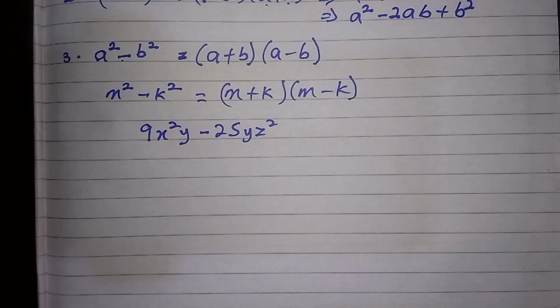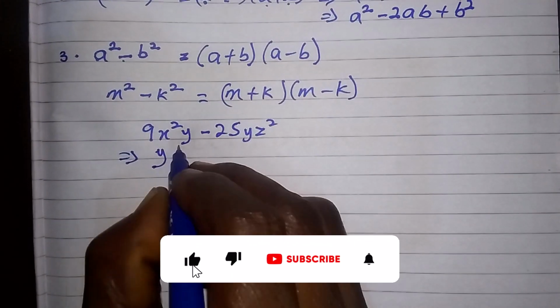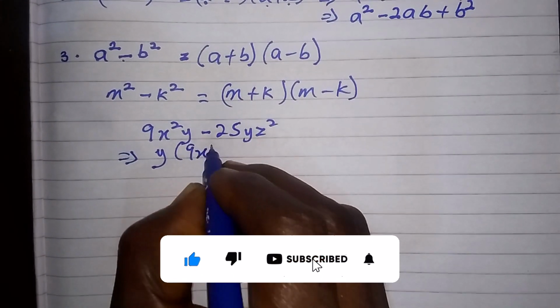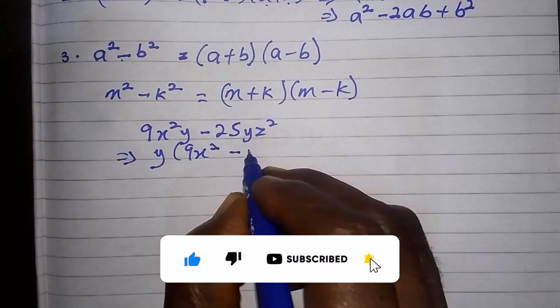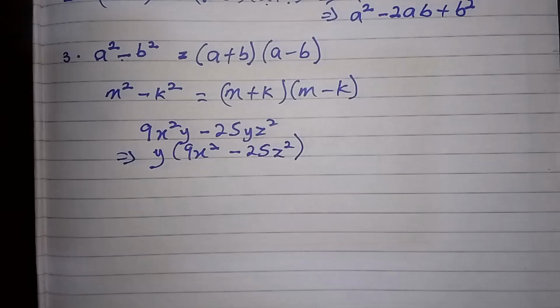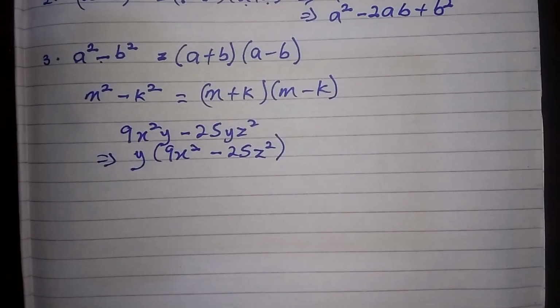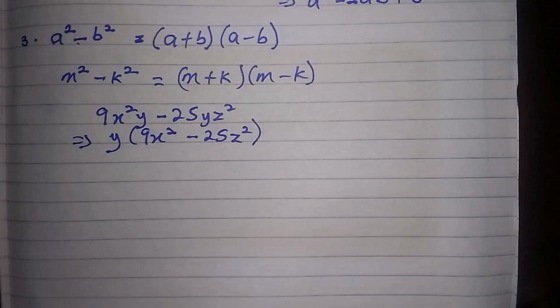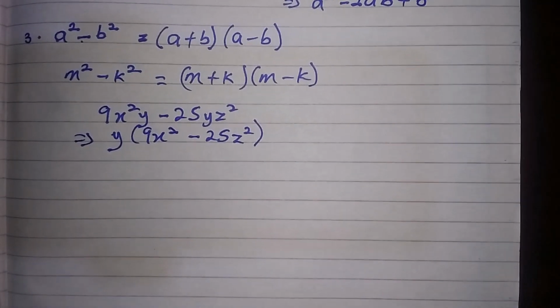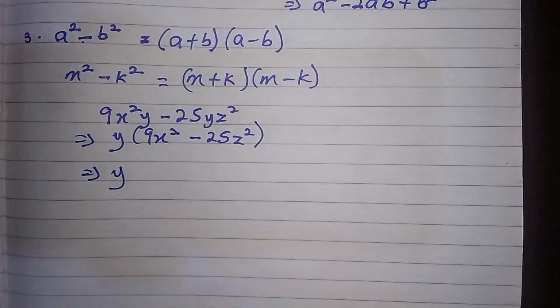Now we can have a common factor outside. The common factor here is y, leaving 9x squared minus 25z squared. So factorization just deals with having a common factor outside. So from here, we are going to have y outside.